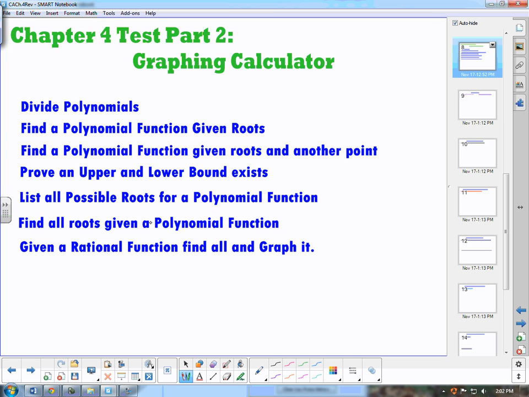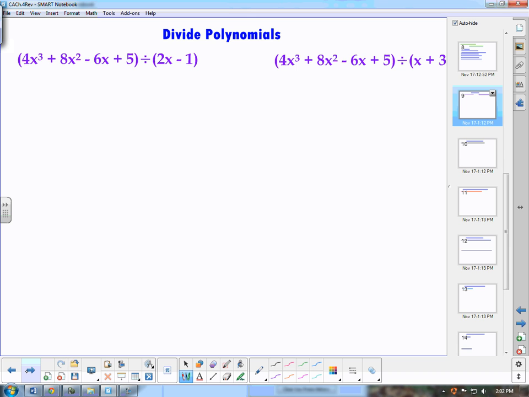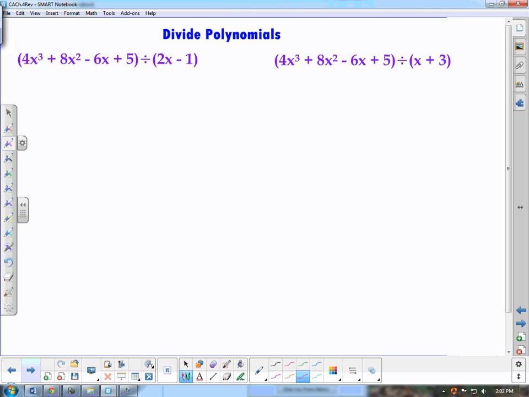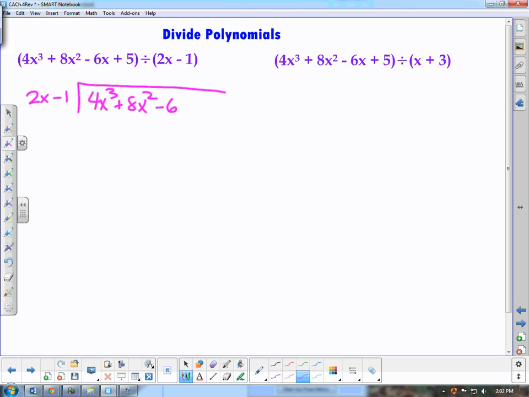So to start with, if we're going to divide a polynomial function, because this is 2x minus 1 and we have to do this the long way, and remember, when you're dividing, it is the first term into the first term, so that would be 2x squared, or 2x.